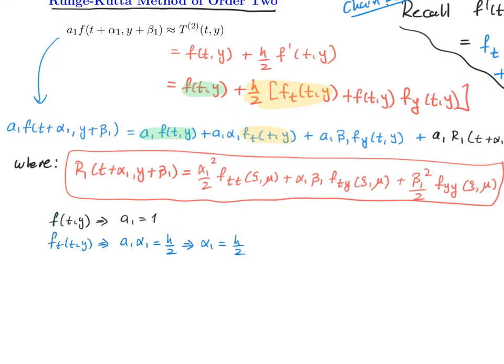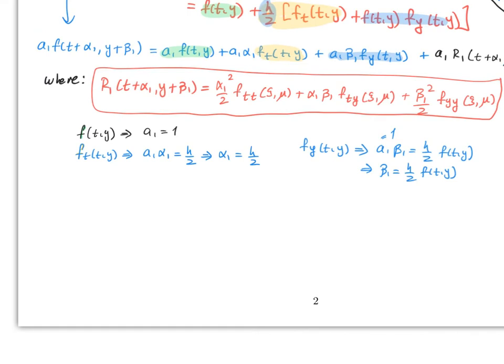If we do the same thing for the partial derivative with respect to y, which is this part right here, and this, including the h over 2, then that means a1 beta 1 has to equal h over 2 f of t y, or beta 1 is just equal to h over 2 f of t y, because a1 is equal to 1.